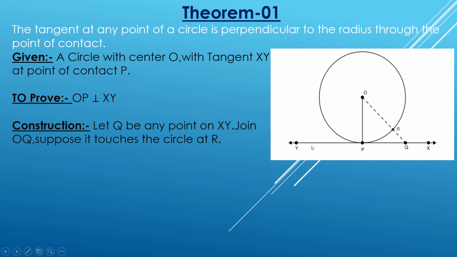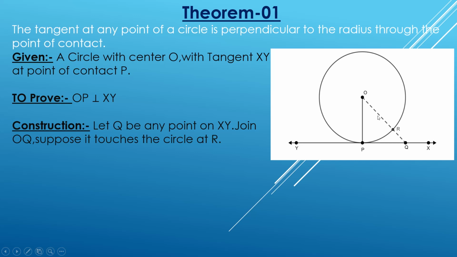On the given tangent XY, let us consider any point. We are going to consider a point Q on the given tangent XY. After that, join the center of the circle and Q with the help of a line segment.